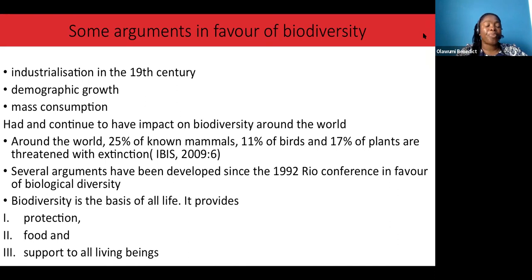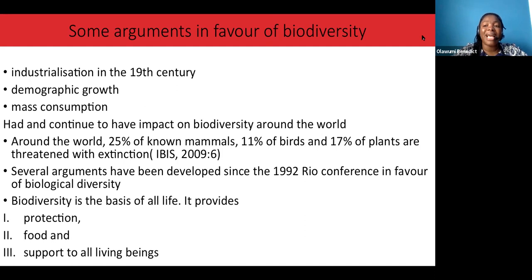And we all know now that biodiversity is very important and is a basis for life, because it provides protection, it gives us food, and it provides support to all living beings. And when we say all living beings, it includes the micro, the macro elements and animals.